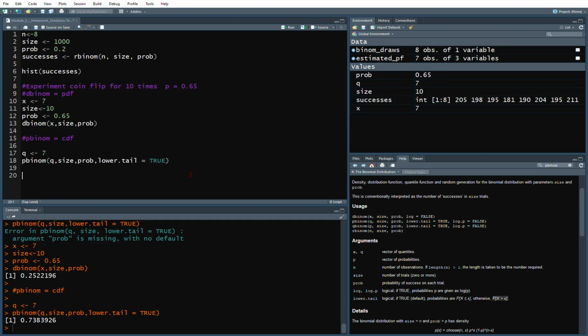For that, we still use pbinom, but the values will be different. Size will still be 10, and the probability will still be the same, but the lower tail will be false.